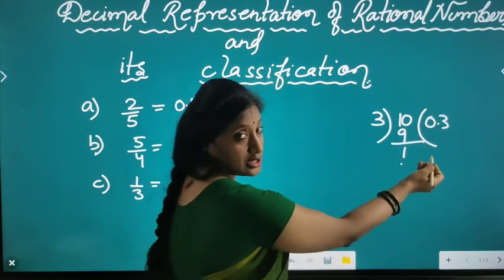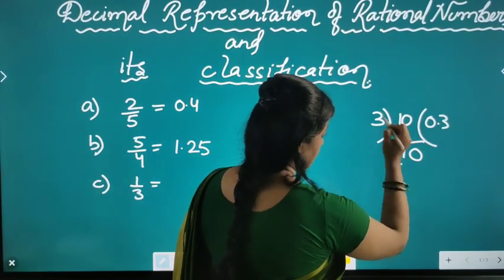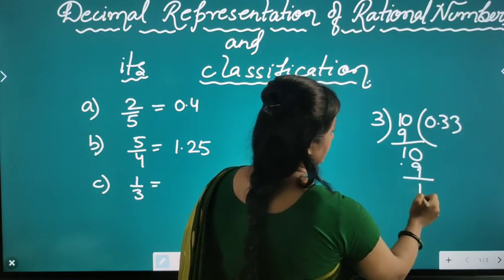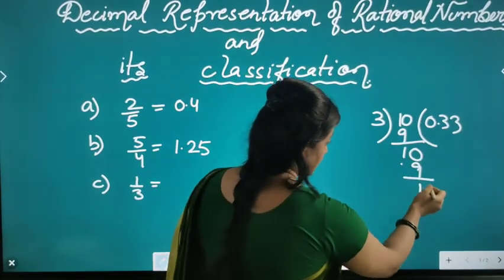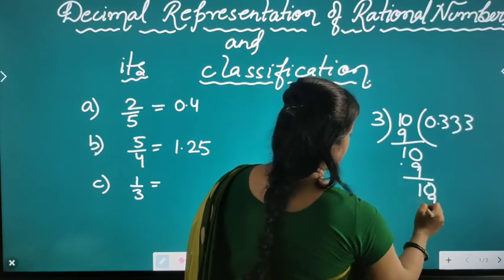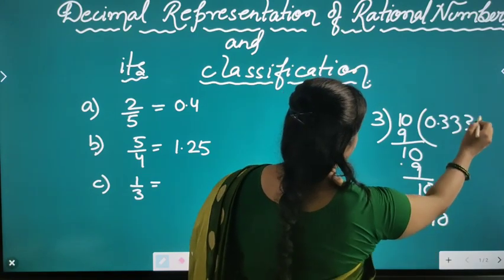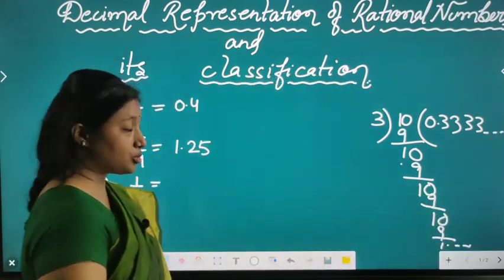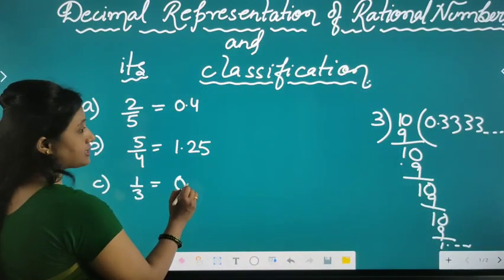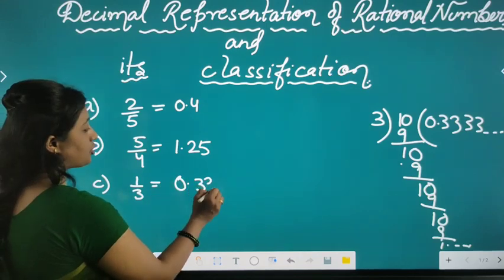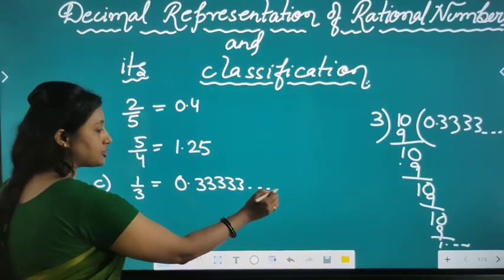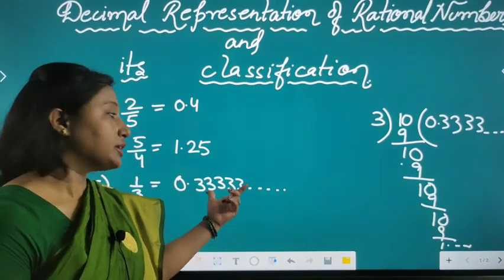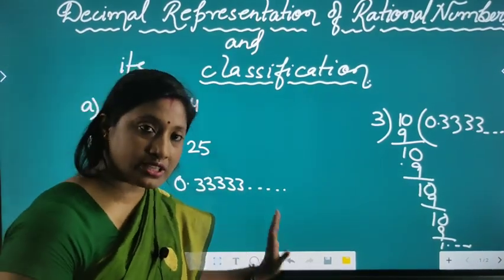Once again put 0, and then 3 threes are 9. Then 1, we have given the decimal, so once again 0, 3 threes are 9, and so on. This process will continue. So we have got the decimal representation of 1 by 3, that is 0.3333, and so on. It is not going to terminate. We are not going to get a limited number of digits after the decimal.